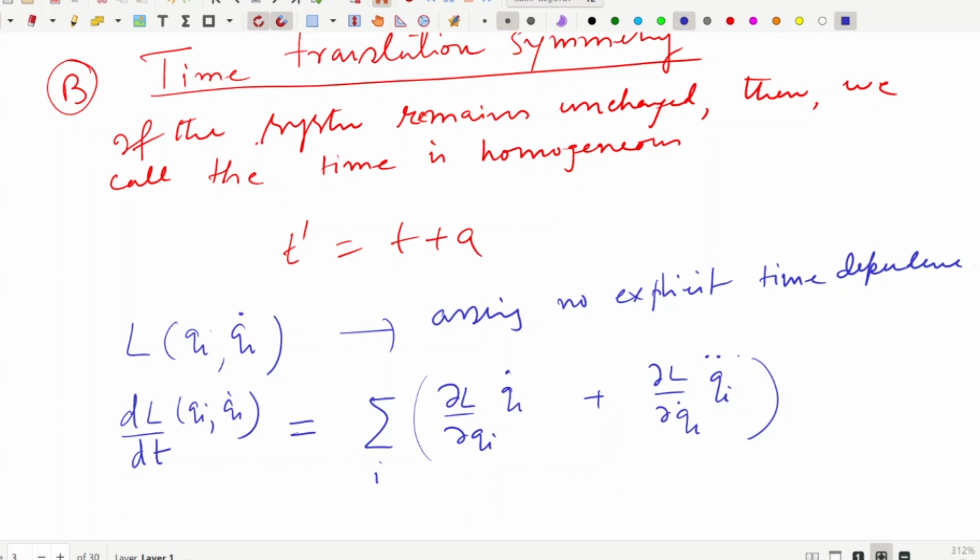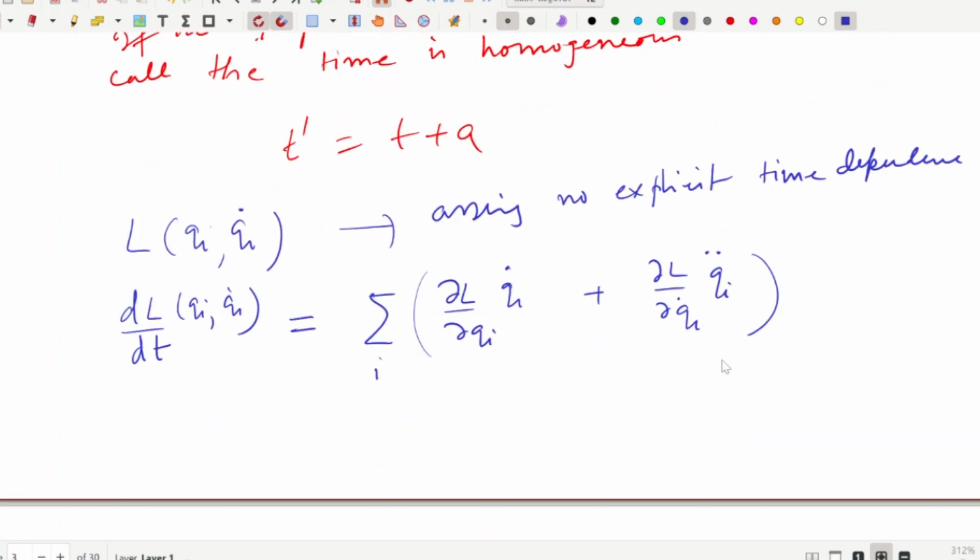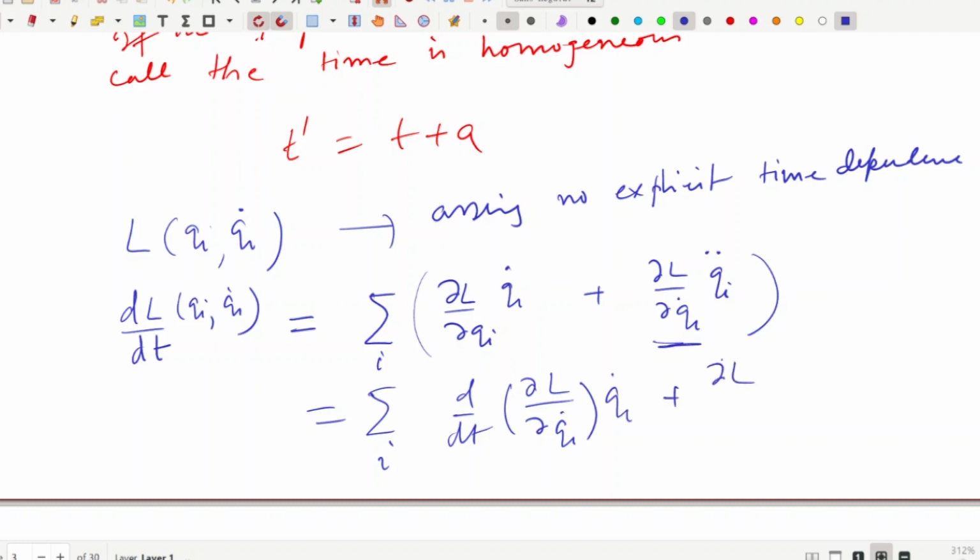Okay. So, now if I use the Euler-Lagrange equation for this part, we can write the sum over i of d/dt of del L/del q_i dot, times q_i dot, plus del L/del q_i dot times q_i double dot.